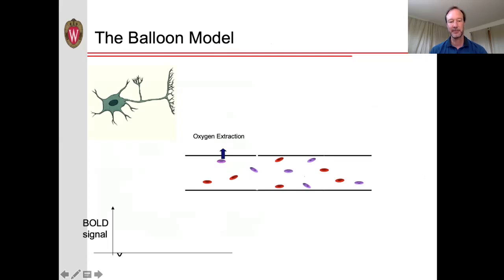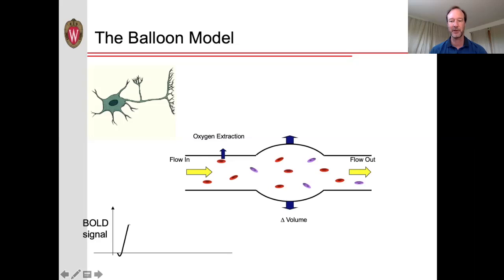This initial dip actually is not very commonly observed in fMRI. However, what happens soon after that is that the blood flow velocity increases, and this causes the increase in the MRI signal as deoxygenated blood is being pushed out. In addition, this increase in blood flow causes the veins and venules to dilate, resulting in an increase in cerebral blood volume.